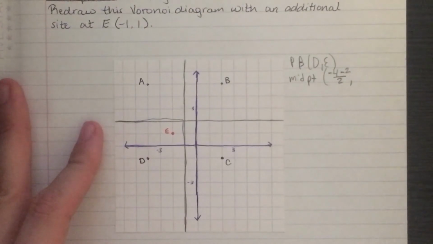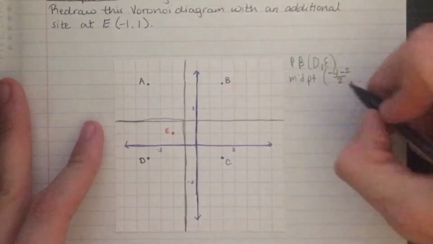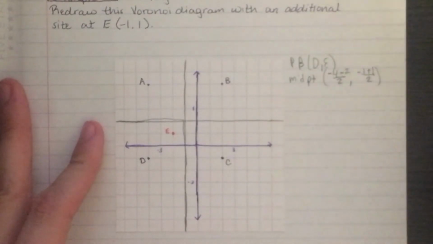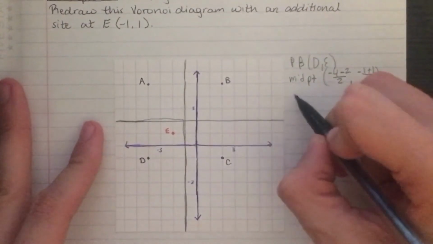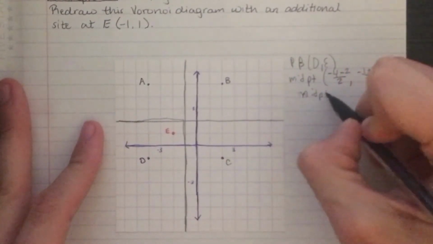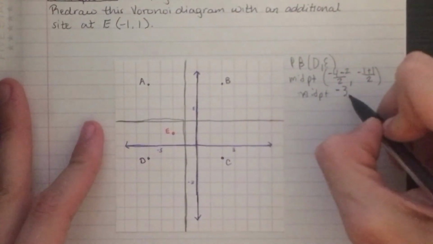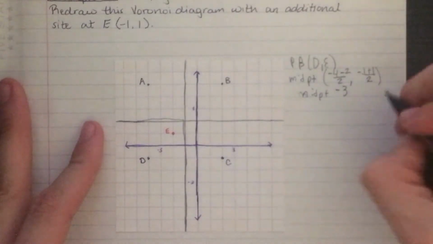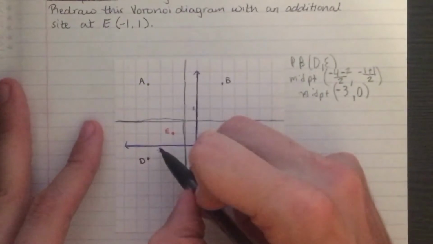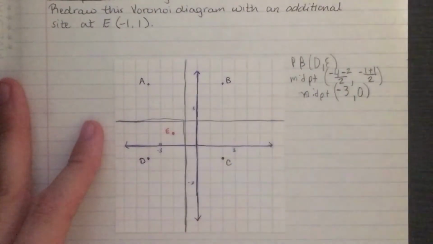And then the other midpoint, we're going to do -1 plus 1 over 2. So then that's going to give us a midpoint of -3 and 0, so the midpoint is right there.